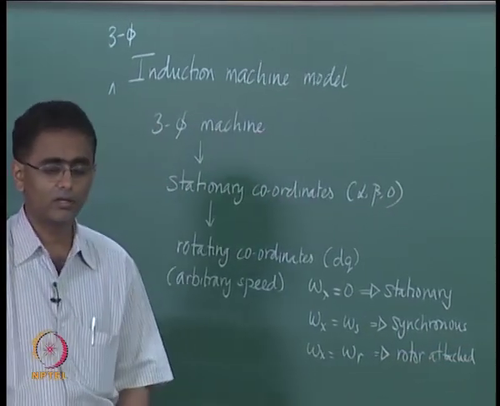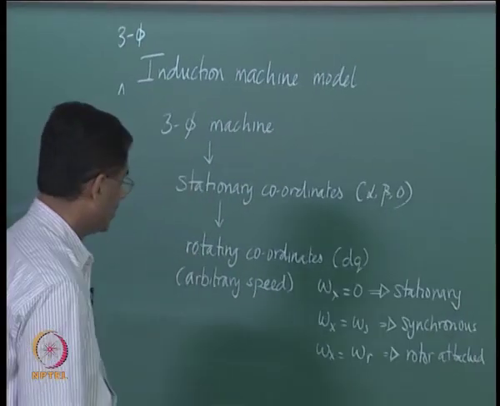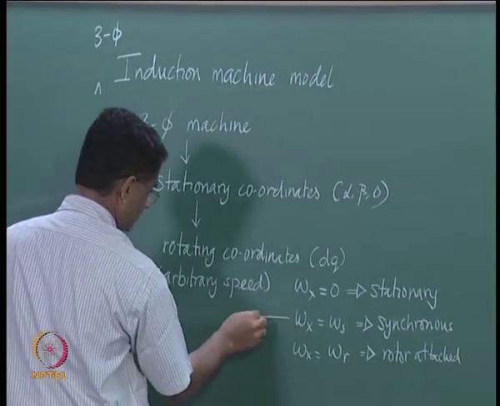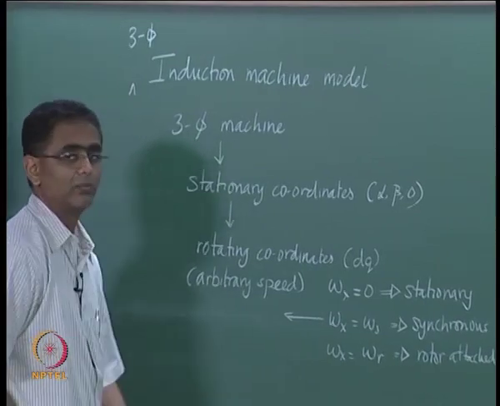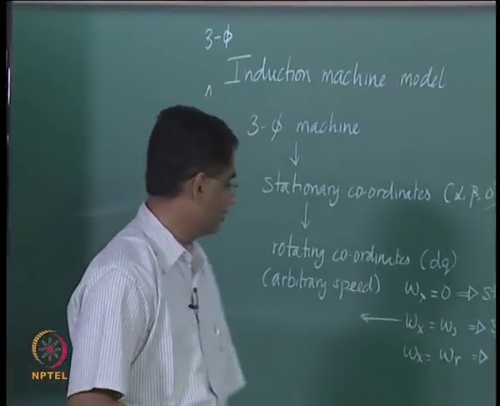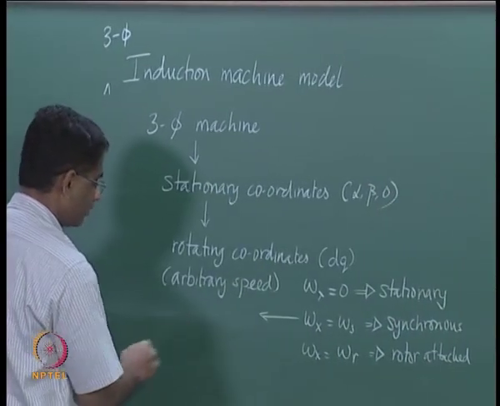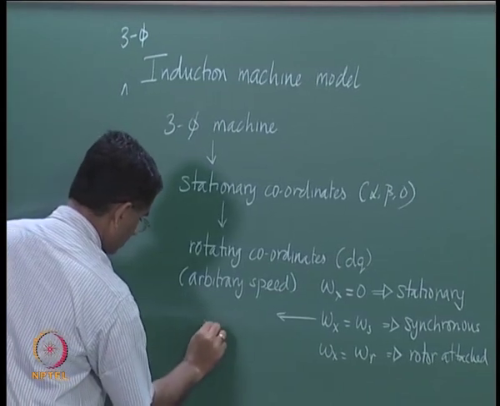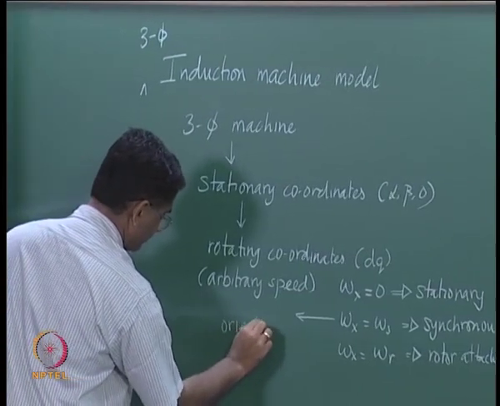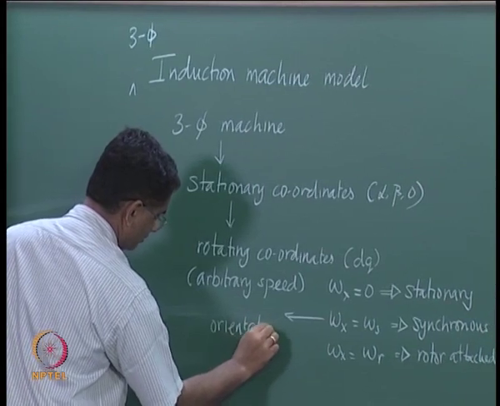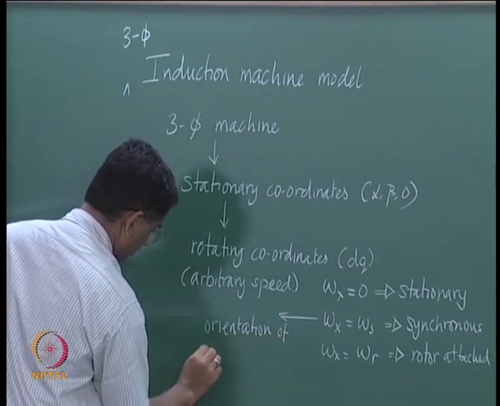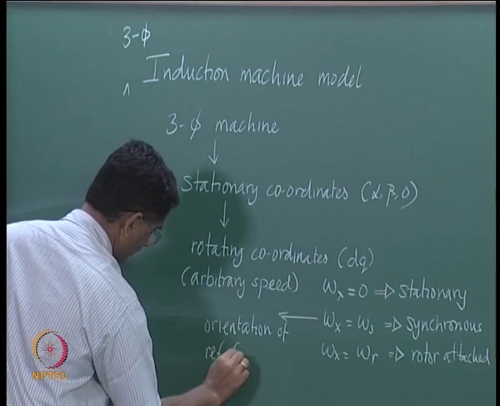And then in the last lecture we had seen how the synchronous reference frame description can be made use of in order to orient the reference frame itself, orientation of reference frame.